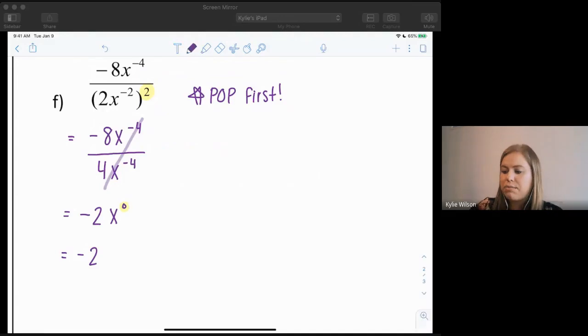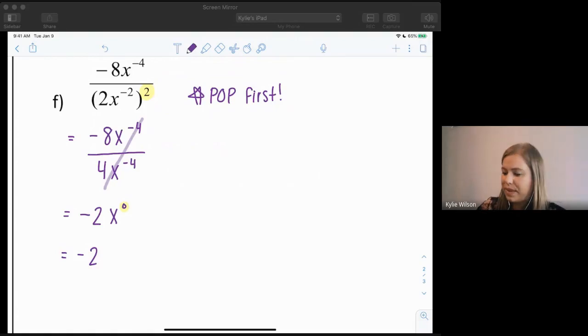You are more than welcome to jump from here to here, but I just like to show you why it happens, because sometimes that helps people to get a deeper understanding of what we're actually doing. So feel free to jump from there to there. You don't need to write all these intermediate steps if you don't want to.